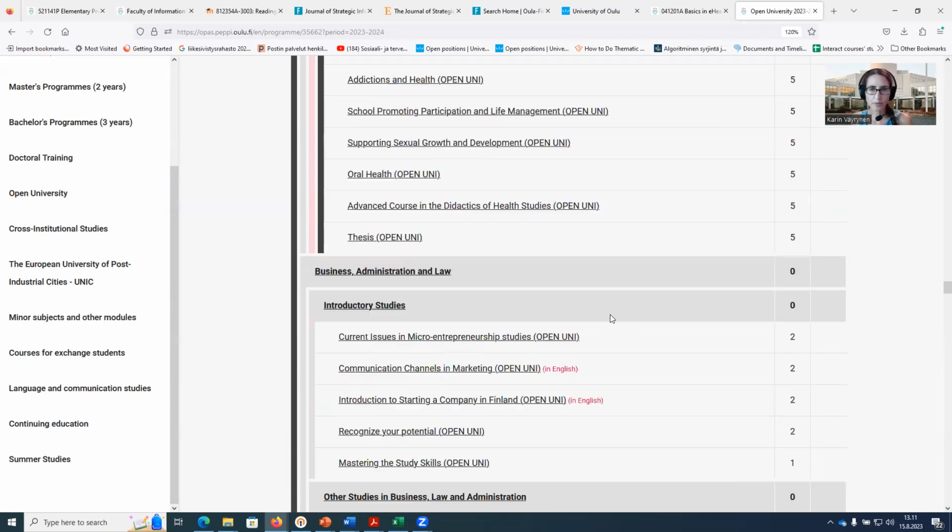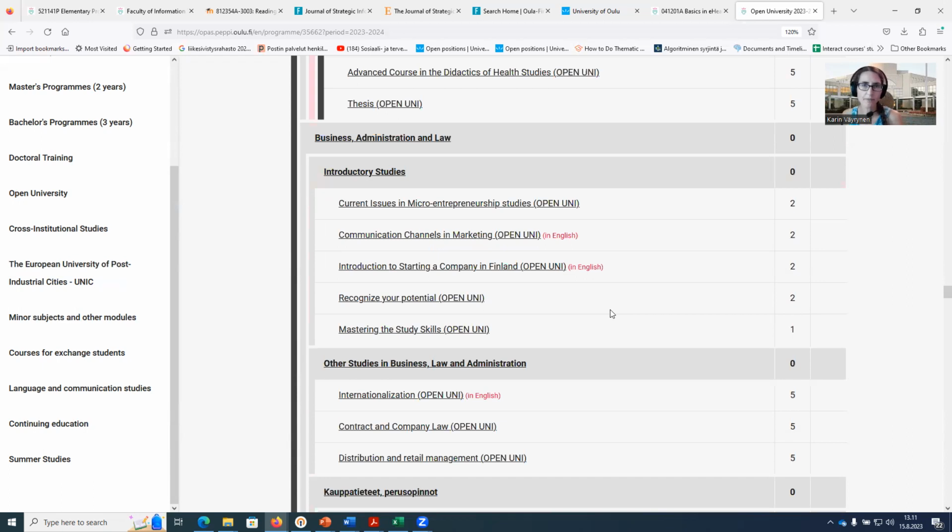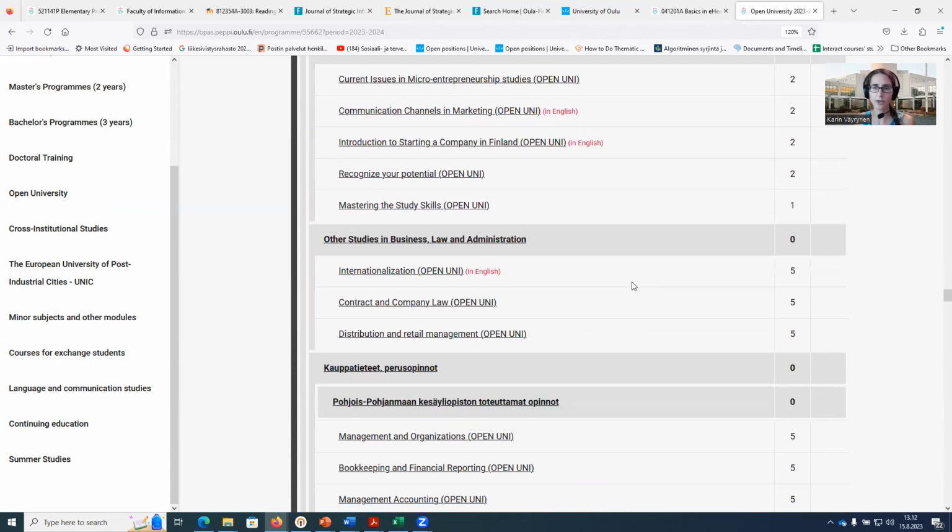Or it might also be that information is not updated, but there are some courses like Introduction to Starting a Company in Finland or Communication Channels in Marketing via Open University, but they don't have that many credits. Also an important thing to check: how many ECTS does a course have, and ensure that you get all the required credits.